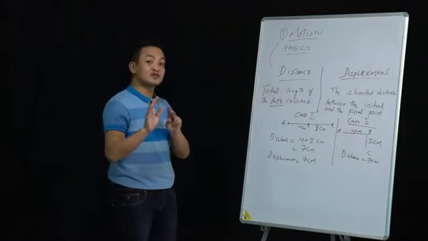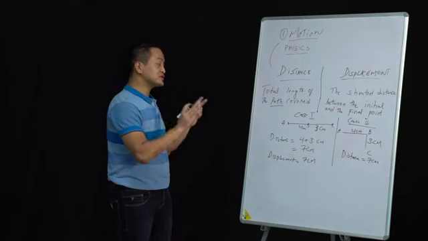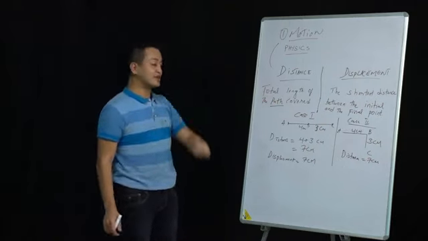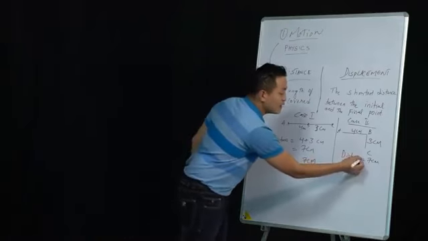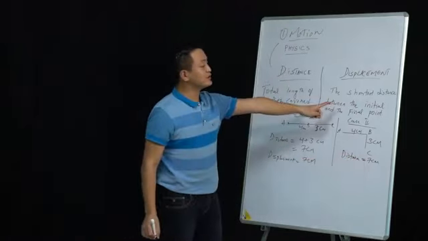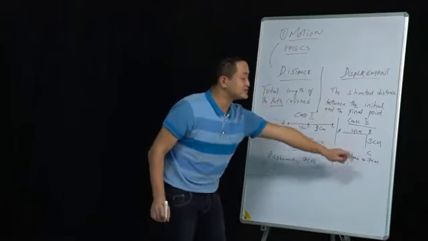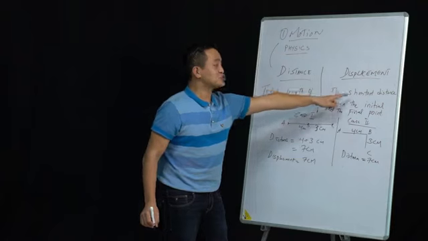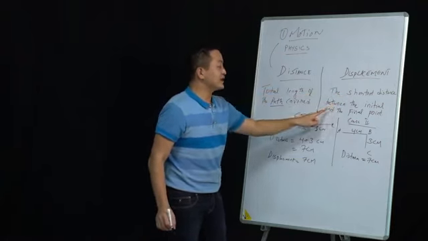That means we are not focusing on the direction. We are just concerned about the total length from our initial point till the final point. Now, what will be the shortest route to reach point C? The definition of displacement is the shortest distance between the initial and the final point.